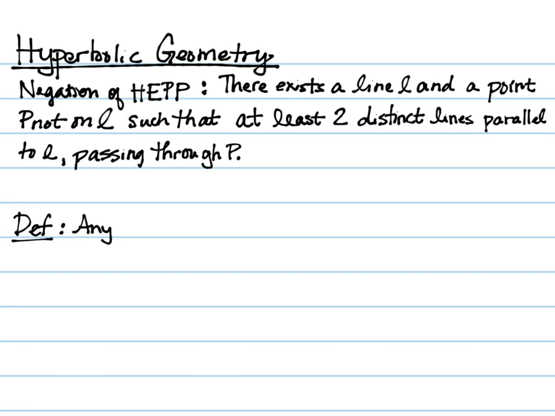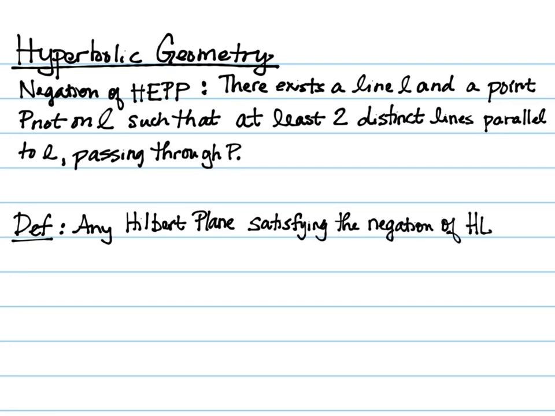So any Hilbert plane, remember Hilbert planes are neutral geometry, so any Hilbert plane satisfying the negation of Hilbert's Euclidean parallel postulate is called a hyperbolic plane.